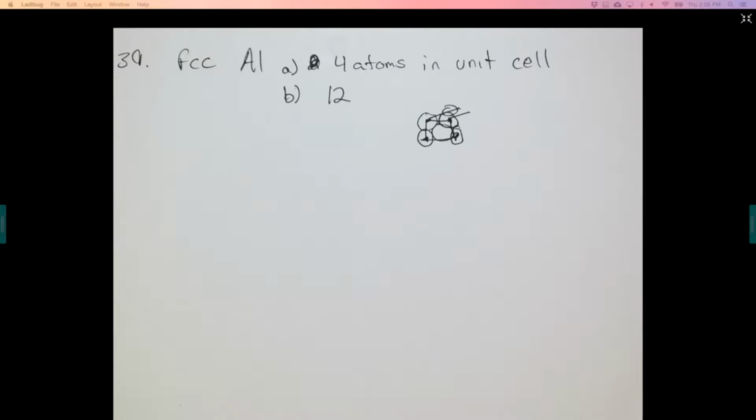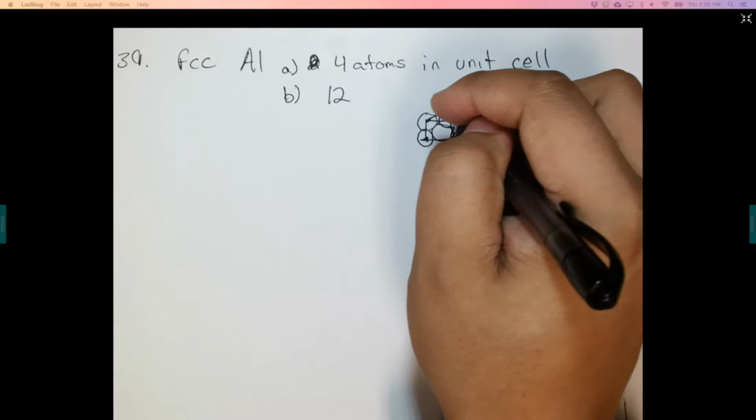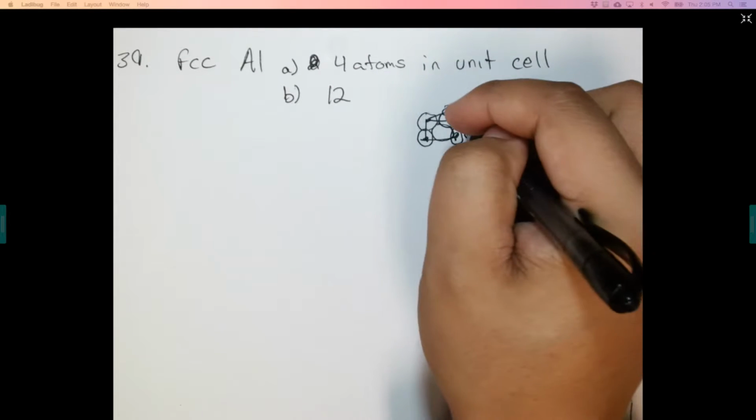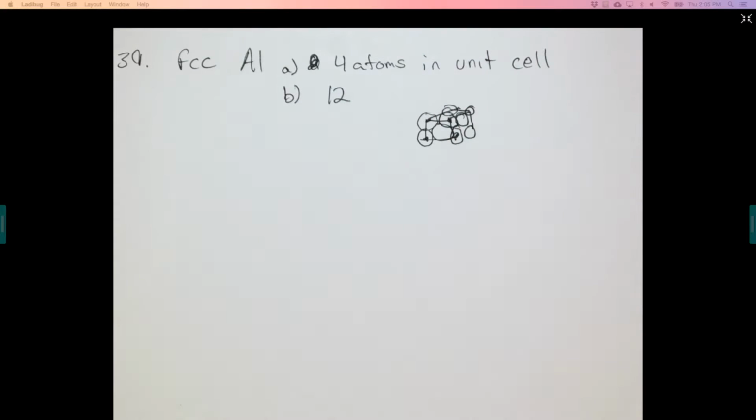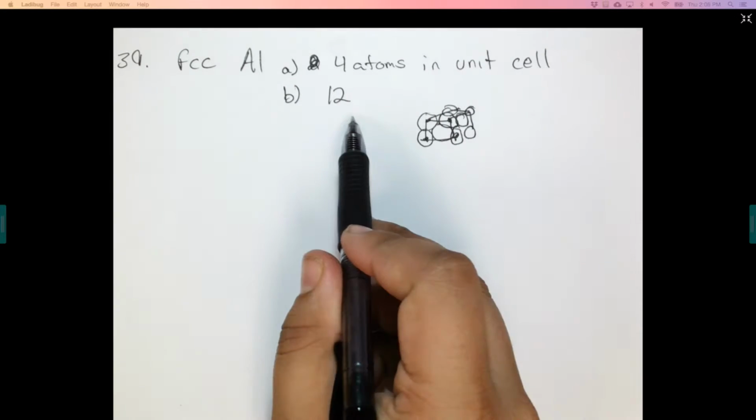Again, the best thing to do is look at the visualizations and the links that I sent, because my 3-dimensional artistry is not great at all. So there are 12 atoms that it is touching.